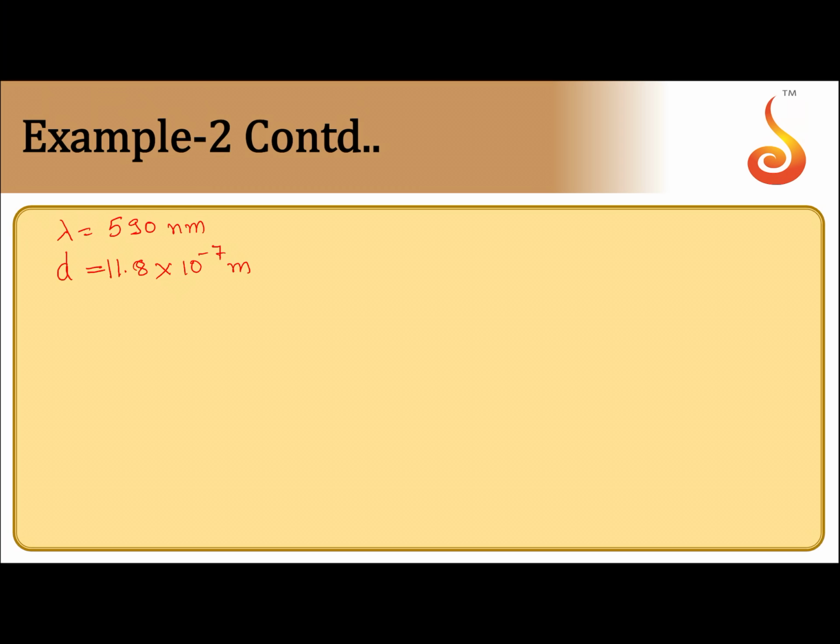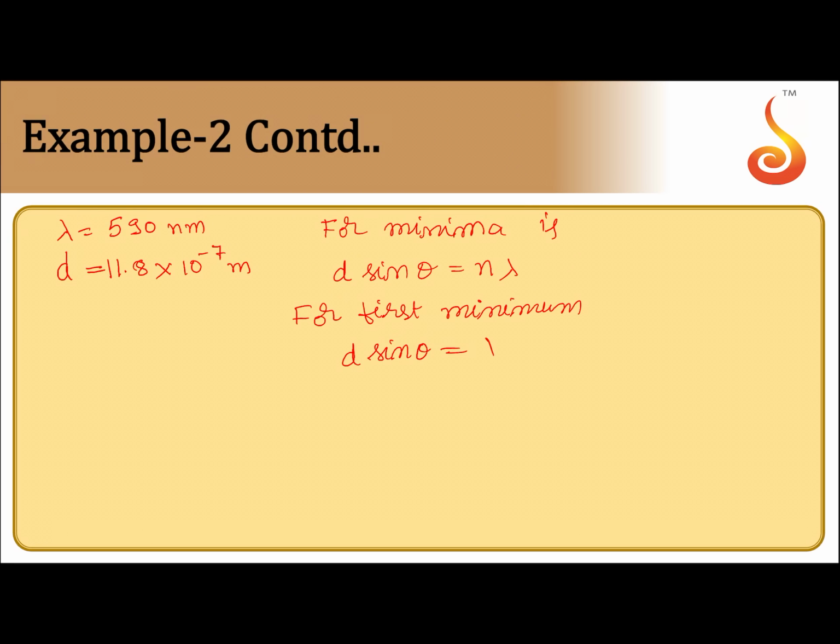Now you need to find the angular position of the first minimum. So the condition for minima is d sin theta is equal to n lambda. So for first minimum, d sin theta is equal to lambda. So sin theta is equal to lambda by d. Substitute the values.